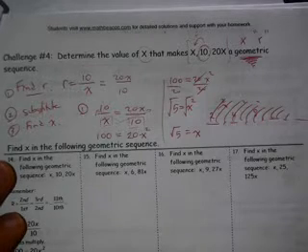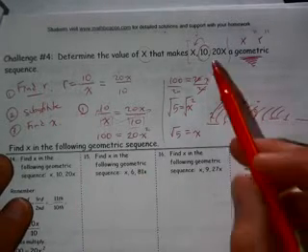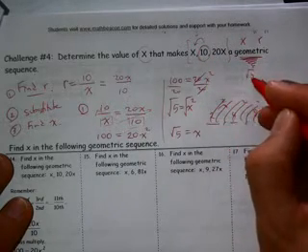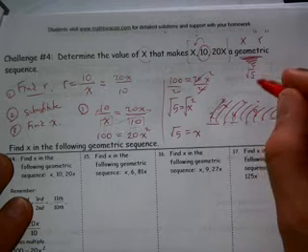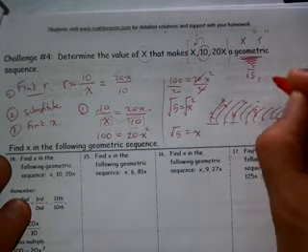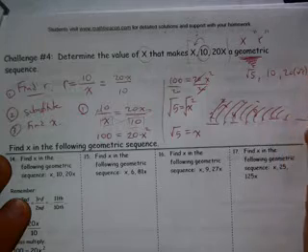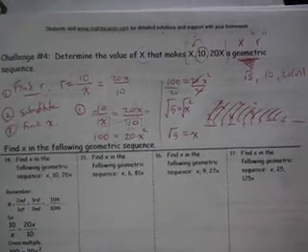Let's check. What is root 5 in this case? So it would be root 5, I guess that's x. Well, let's check. 10 and then 20 times root 5. And we're just going to kind of believe that's true.